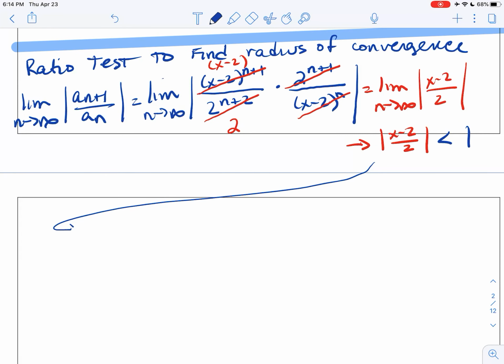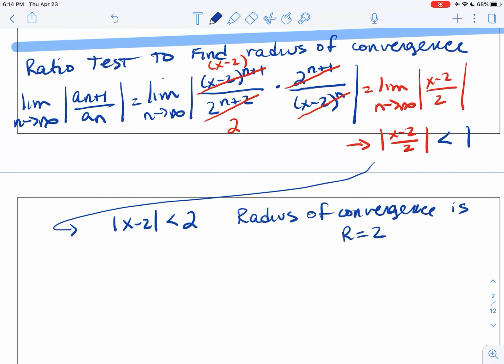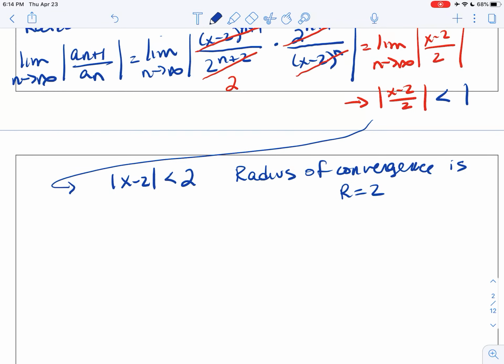And then I want to solve for x minus 2 absolute value, so I want to multiply by 2 on both sides. And I can say that absolute value of x minus 2 is less than 1 times 2, which is 2. And so my radius of convergence is r equal to 2.